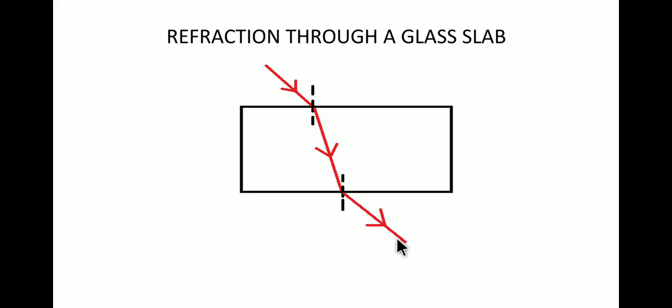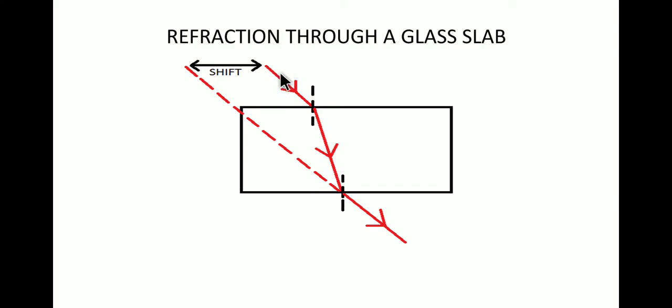If we trace back the emergent ray, then we'll see that there has been a shift of its actual path from its original path to this point. So this is the shift of the actual incident ray.